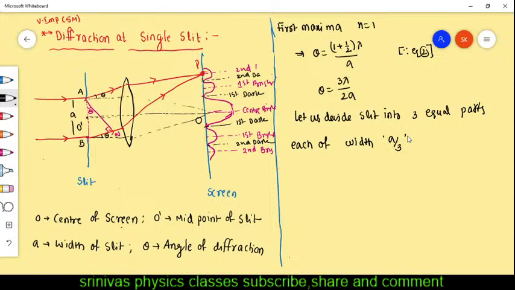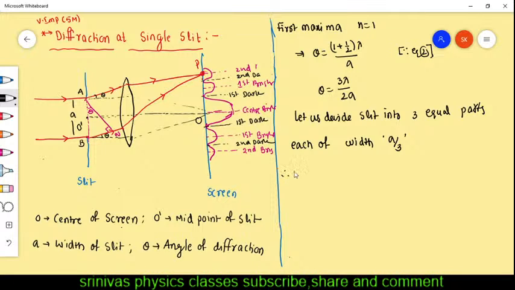Previously, you see in the slit diagram, the slit width is a. Three parts I am splitting, three equal parts. Each part is a by 3 width, so three parts, 3 into a by 3, you will get here.